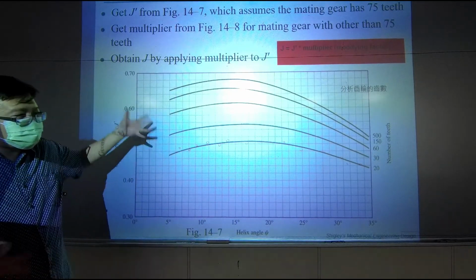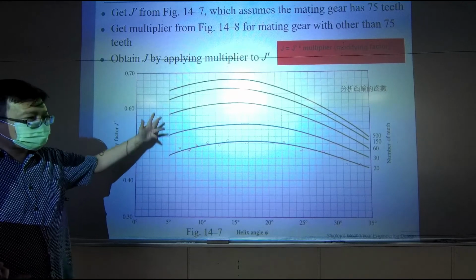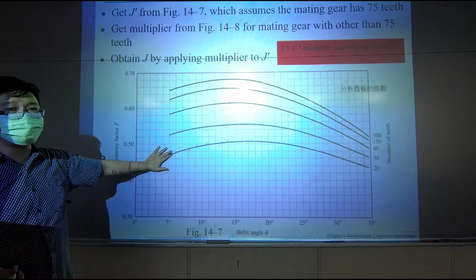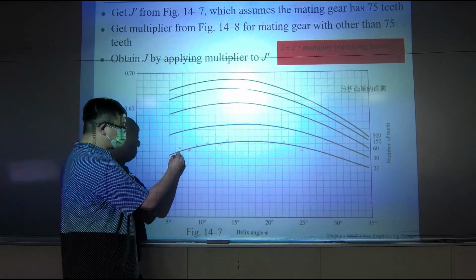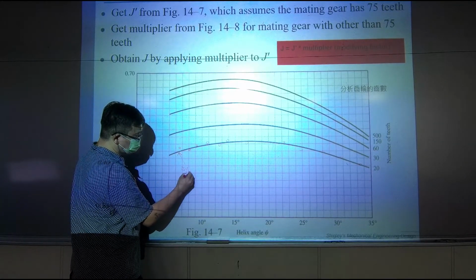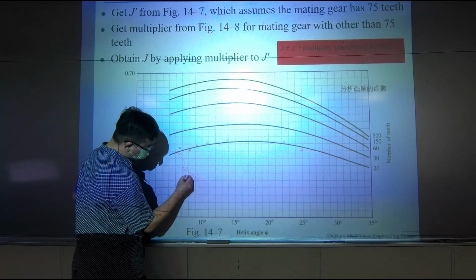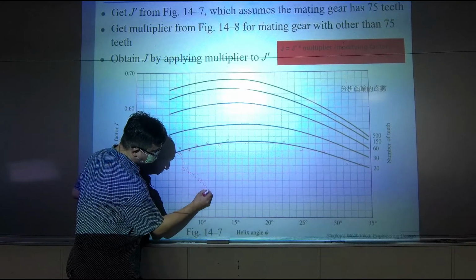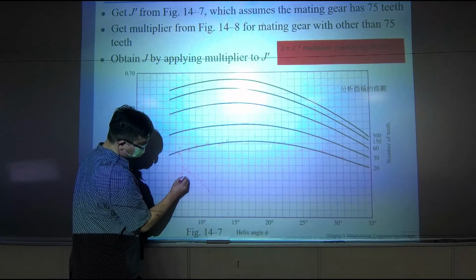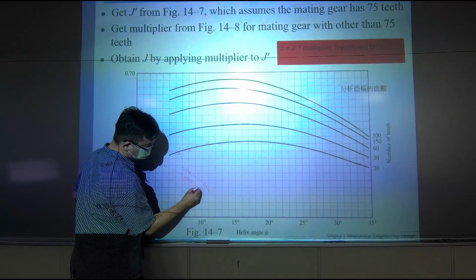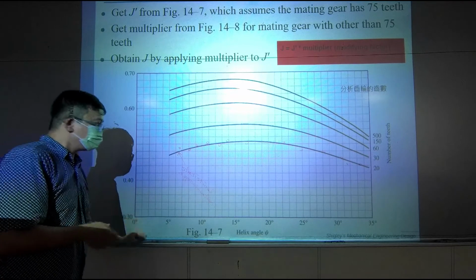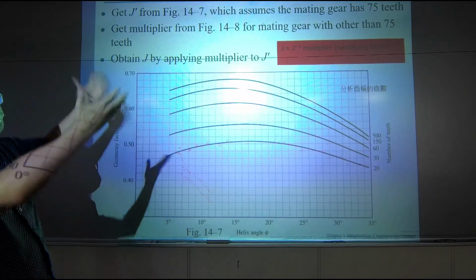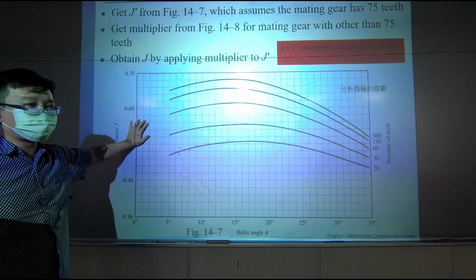So if you have a table like this and you are sure it's not analytical, it's based on experiments, this curve basically is a statistical approximation. Okay, so basically all the parameters that we have here are based on approximations.